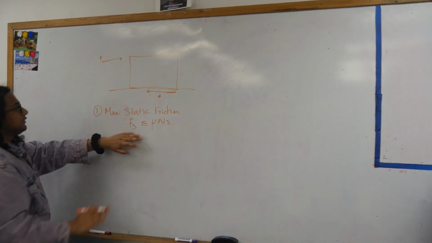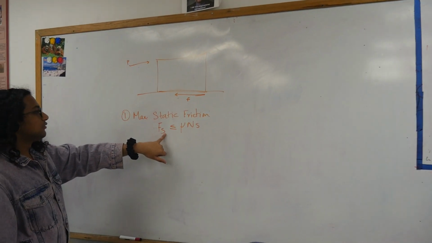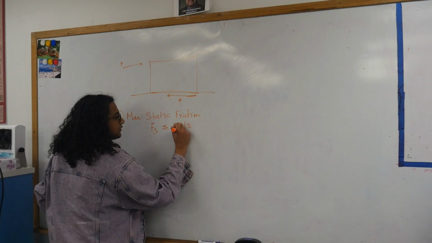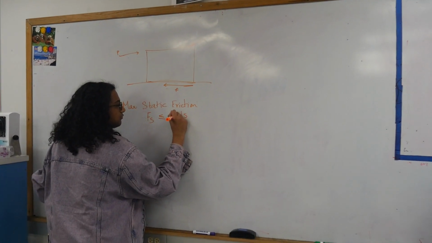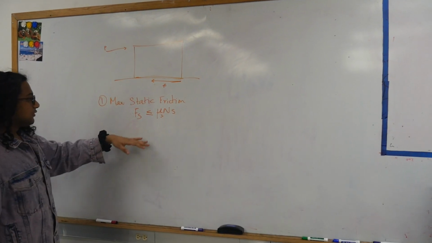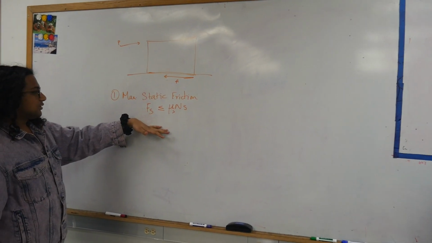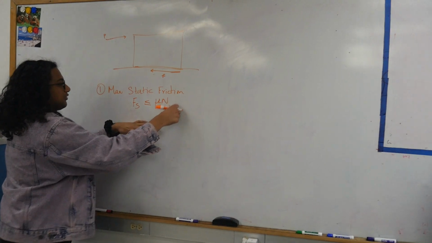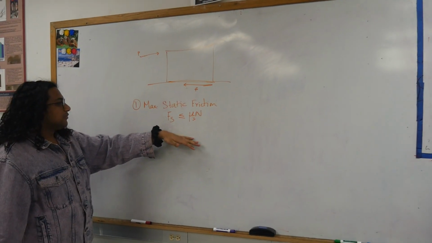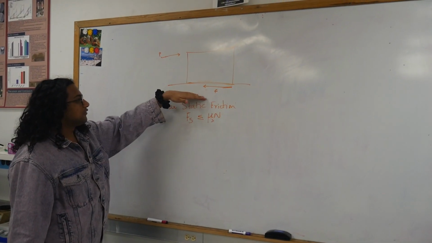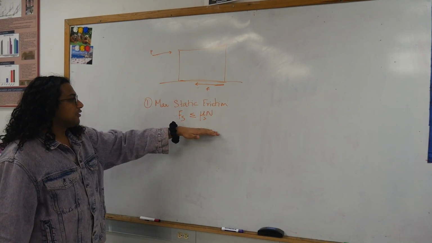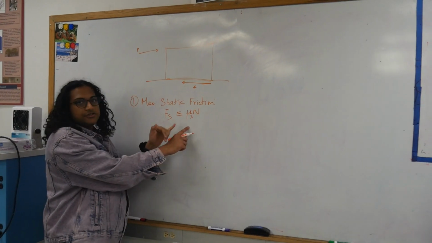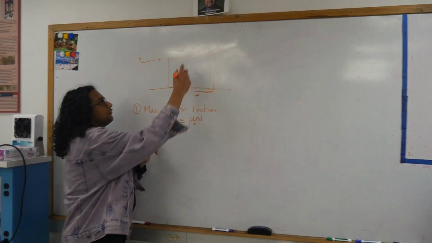What this basically says is that the force of friction is less than or equal to the coefficient of static friction times the normal force.